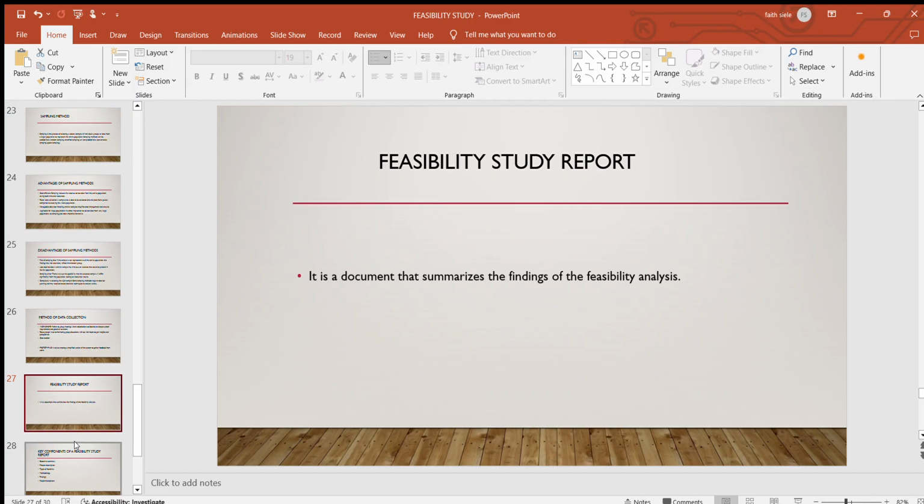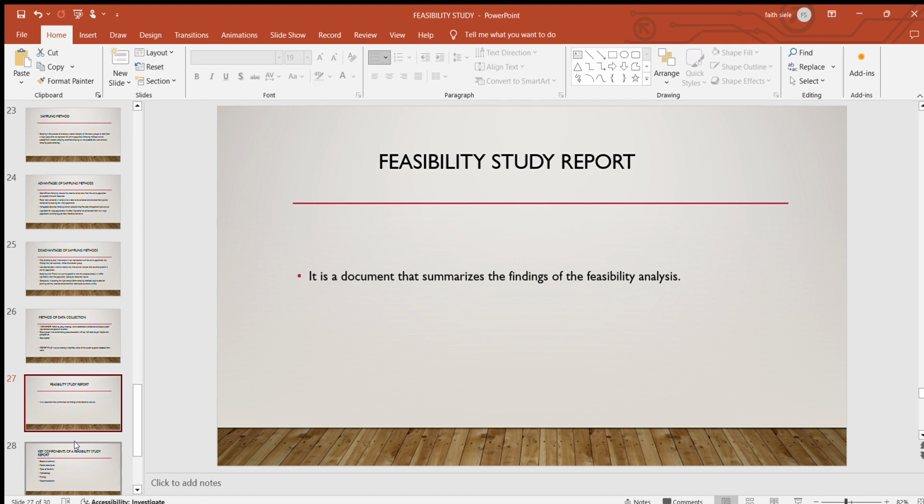It usually provides a clear overview of whether the proposed project or system is likely to succeed and even includes recommendations on whether to proceed.